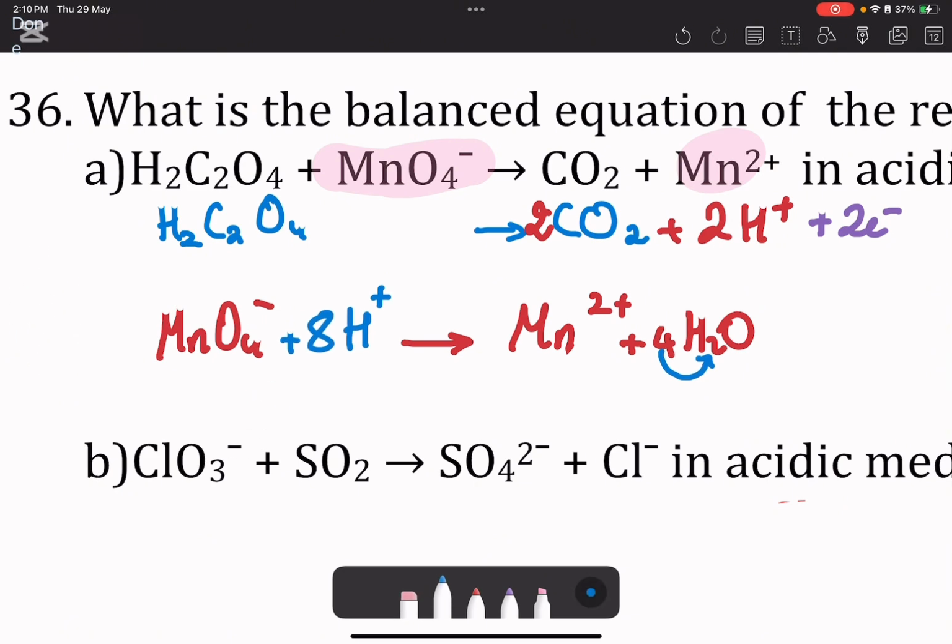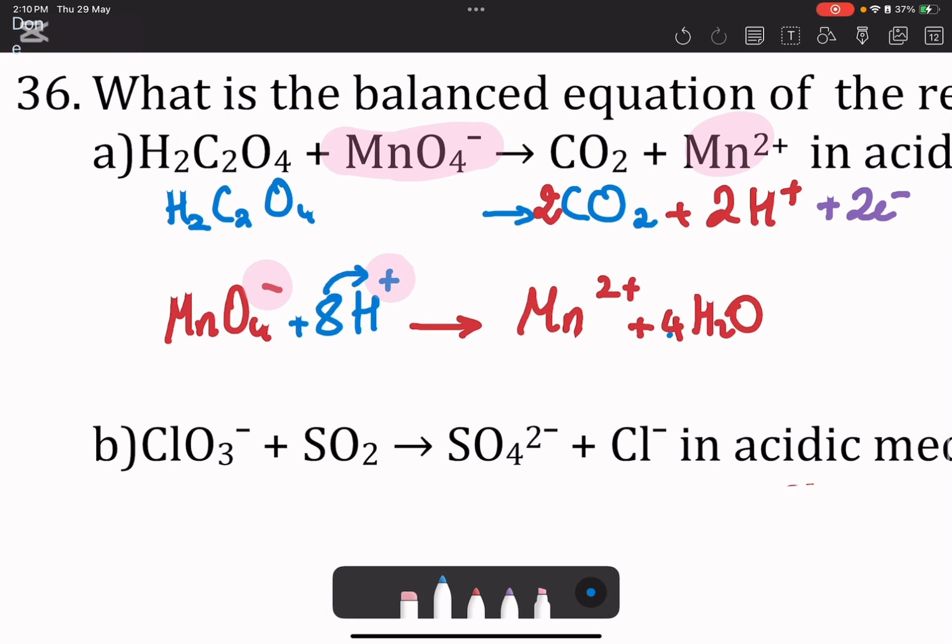Now, we're done with the atoms. We still have to balance the charges. 1 minus here versus 8 pluses. Again, don't forget to multiply by the coefficient. 1 minus and 8 pluses, that's a 7 plus. Here I have a 2 plus and a 0, it's neutral.